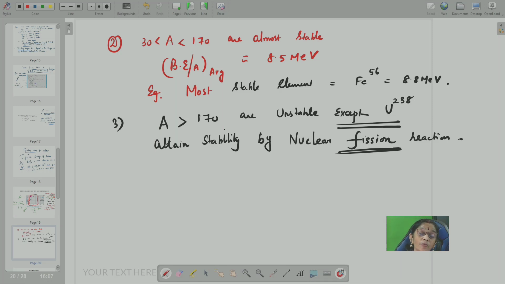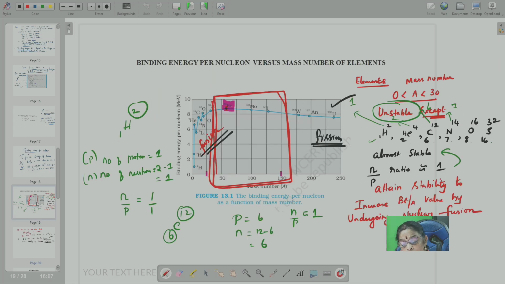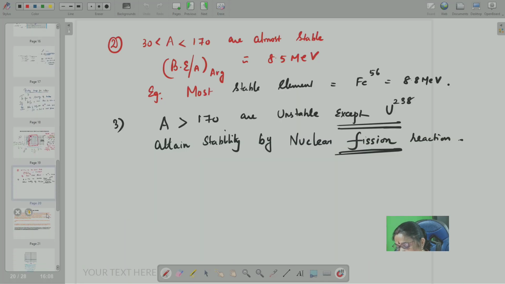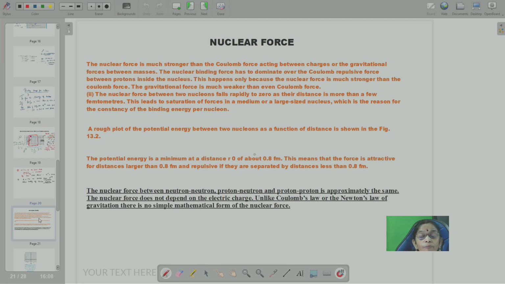Without the presence of that force, no nucleus can be bound together. That force you call nuclear force. These elements are stable because nuclear forces are very short range forces. Only for the shortest distance is the nuclear force very strong. It binds the nucleons together.